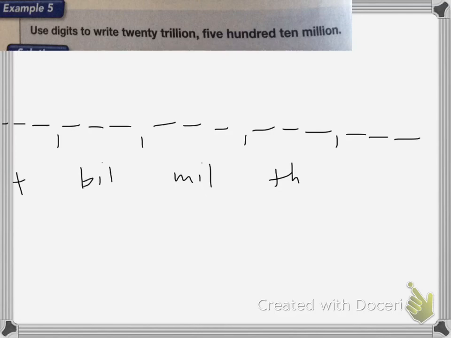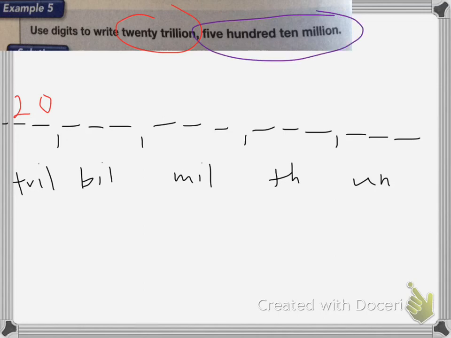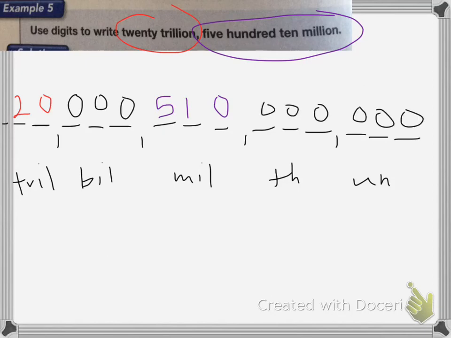Okay, and I'm going to fill in the numbers. So that's going to be 20 trillion. Then 510 million. That means everything else has to be just zeros because I don't have any other numbers. So I'm going to fill in the rest of them with zeros, and that's what my number would look like.